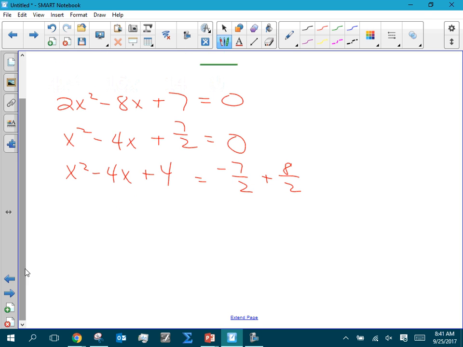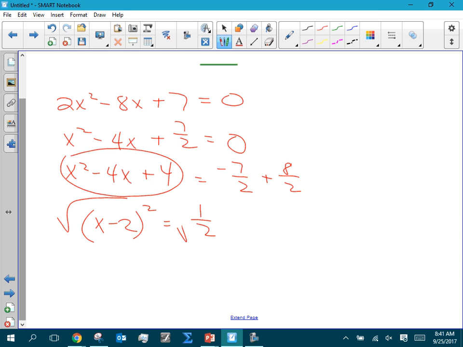Remember that this provides us a perfect square trinomial. It's always going to go to x minus half of that term with its sign. And now over here we get what? 1/2? Okay. Take the square root of both sides. So I get x minus 2 equals plus or minus radical 1/2.